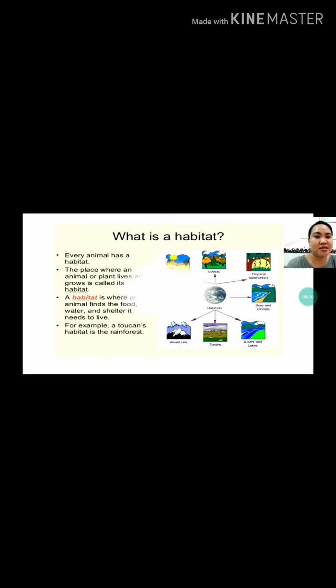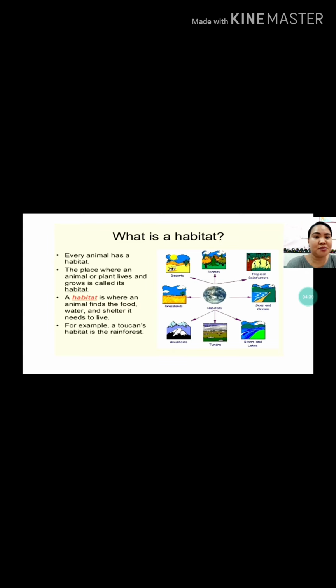Next, we're going to learn the meaning of habitat. A habitat is a place where an animal or plant lives and grows. It is where the plants and animals are comfortable living. So every animal or every plant has its own habitat.